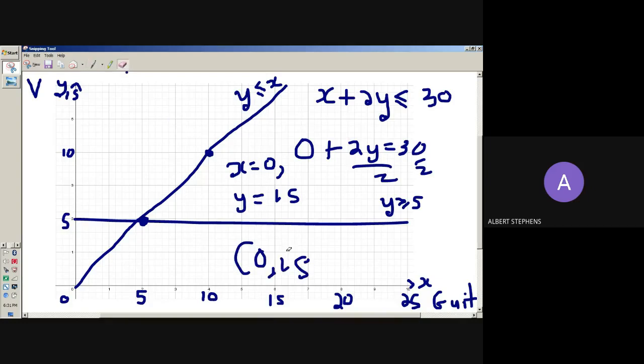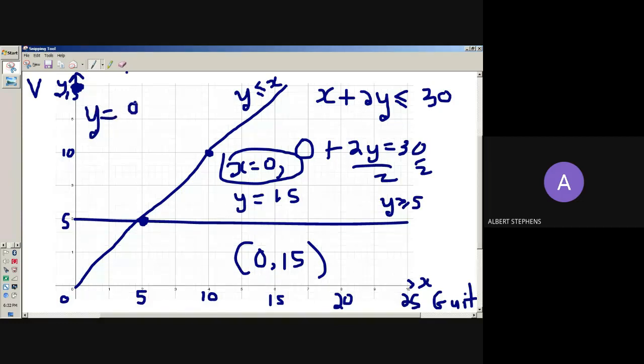Let me write it properly. And 0, 15 is right up here. That's 0, 15. Now notice, when I put x equal to 0, what you're going to do now is put y equal to 0. If I put y equal to 0, what's going to happen to this thing here?